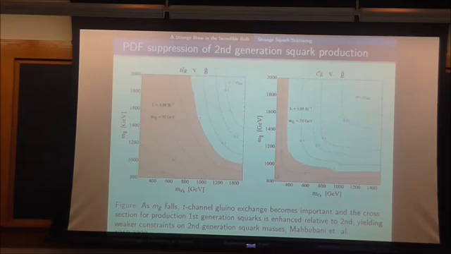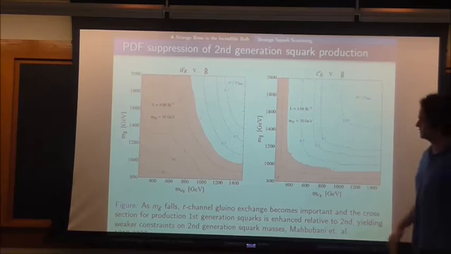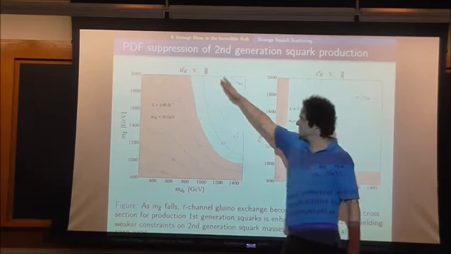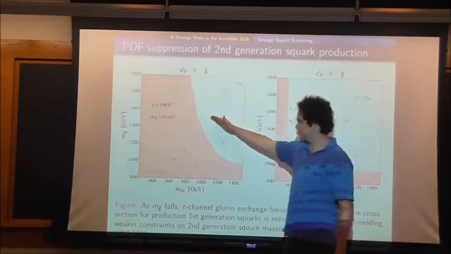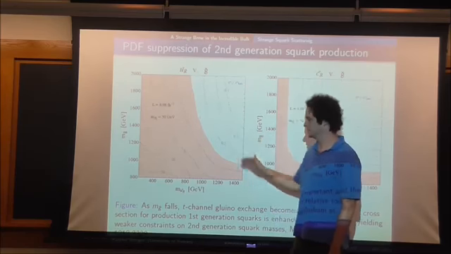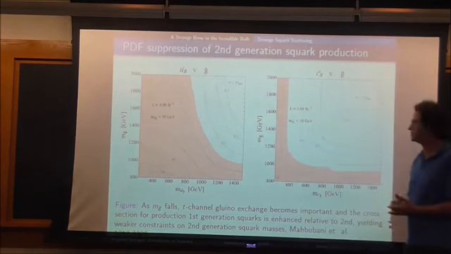There's a PDF effect when you bring the gluino mass down, illustrated in these two plots. For first generation squarks, as you bring down the gluino mass from up here, the constraints strengthen on your first generation squark production.